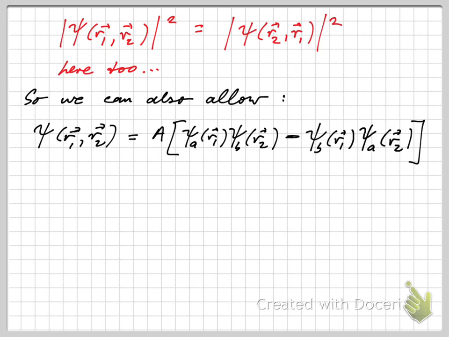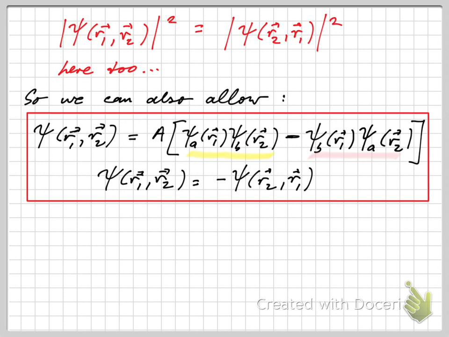Okay, and so what that thought leads us to is allowing another form of the two-particle wave function. Instead of what we had before, we can also allow this wave function here. So you see that we get here psi A evaluated at R1, and then times psi B evaluated at R2. But now we have minus the reverse, right? So we have minus this piece here. Before we had the plus sign, now we have the minus sign.